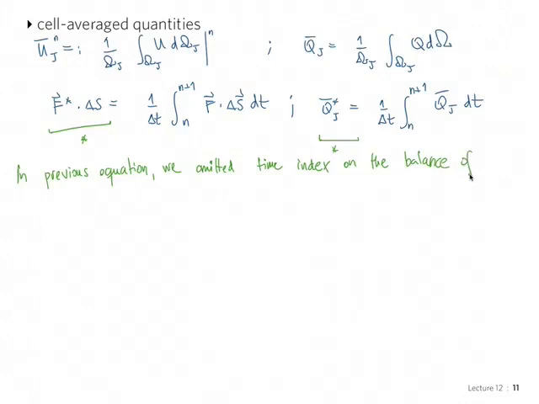The balance of fluxes had the sum over all faces of F star times delta surface, that's the balance of fluxes, and the source terms had delta t times q bar star times the volume.